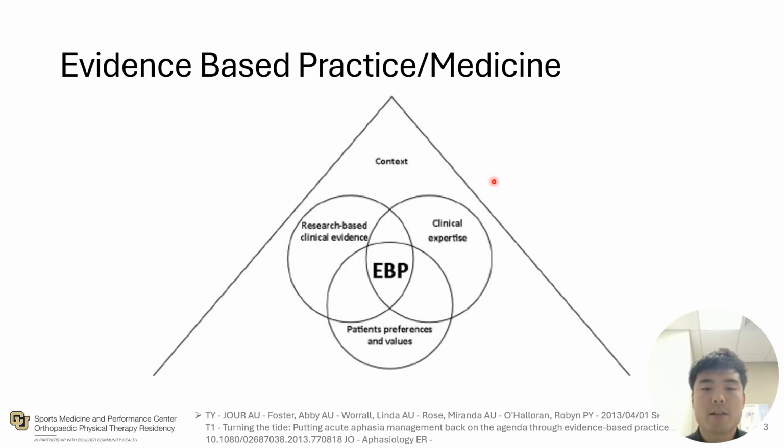And then we have the clinical expertise on this side. This is the individual that goes through all the training and through all the work to actually come up with clinical diagnosis skills and intervention skills and things like that. And then you have patient preferences and values down here.